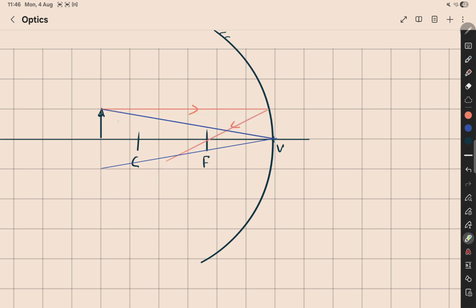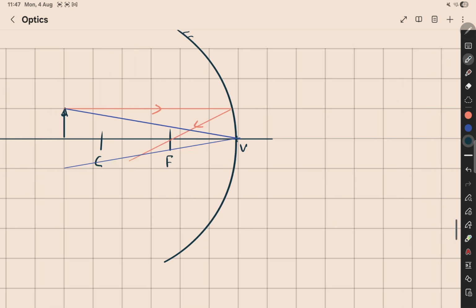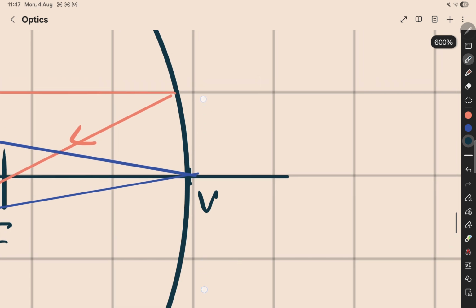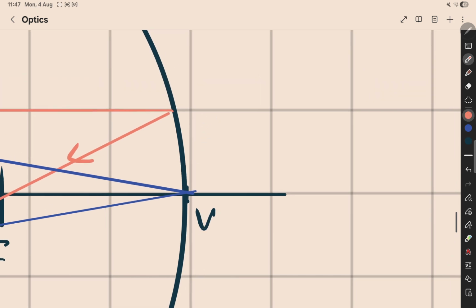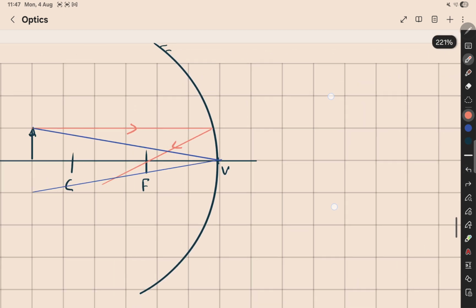Okay, and the second light ray that I'll take is this one here, the ray that is reaching the vertex. It gets reflected back with the same angle. And why is that? Then you have to remember that if I zoom in and look just at this tiny region here, this tiny region behaves as if it was a plane mirror.